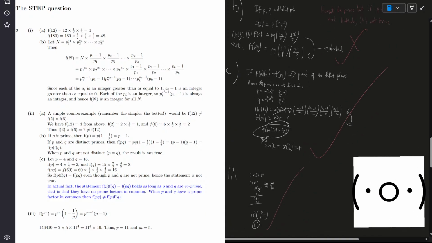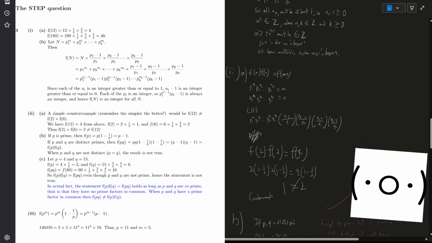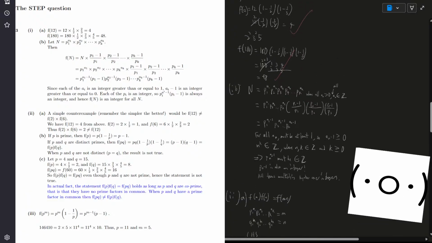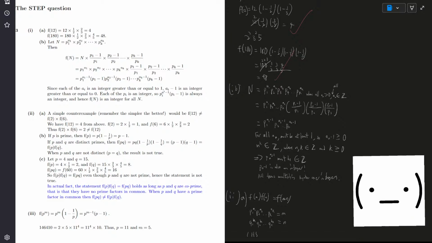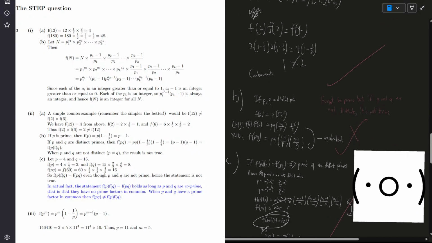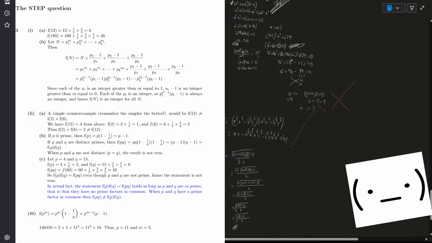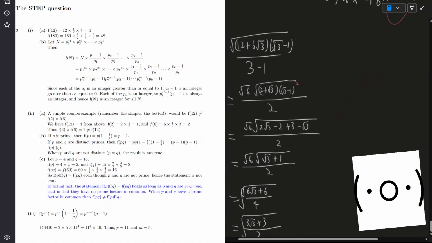But the counterexamples, I think, are valid. So those go through, and then you've got this big ugly proof. Basically you're just saying repeatedly that this part is an integer, therefore this part is an integer, therefore this part is an integer.